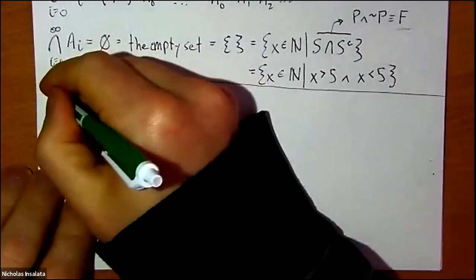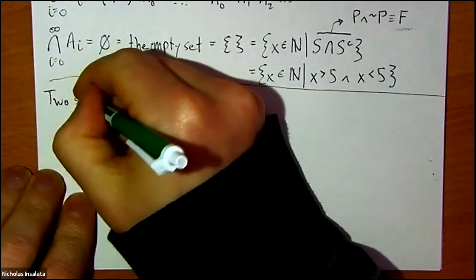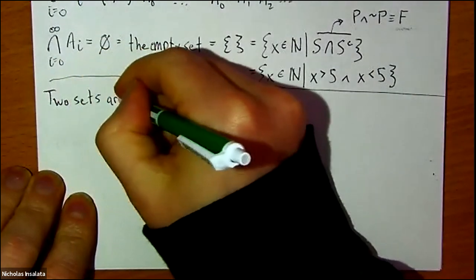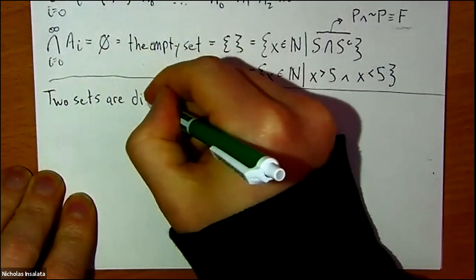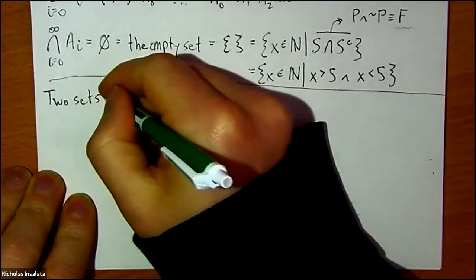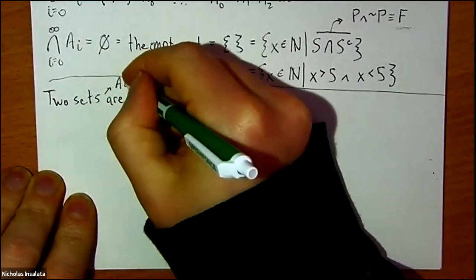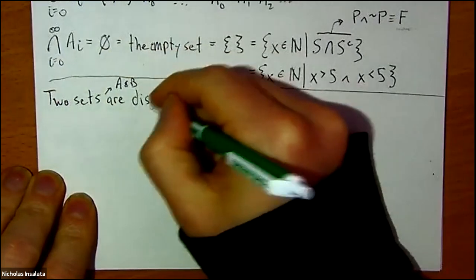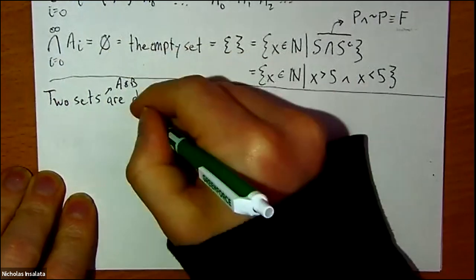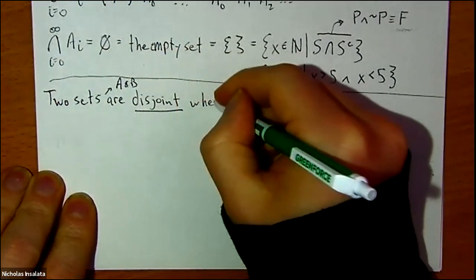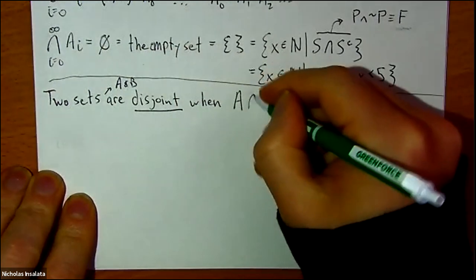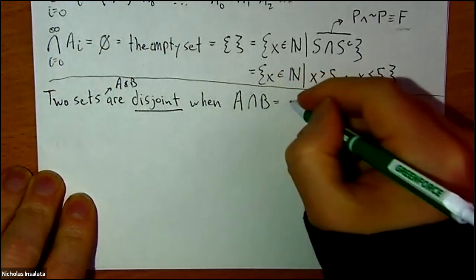So two sets, maybe I should say two sets, A and B, are disjoint when A intersect B equals the empty set.